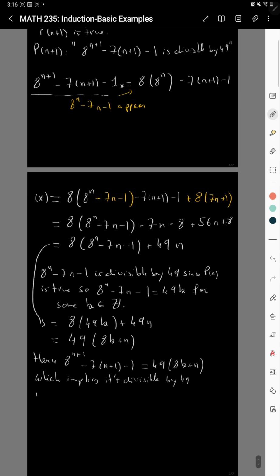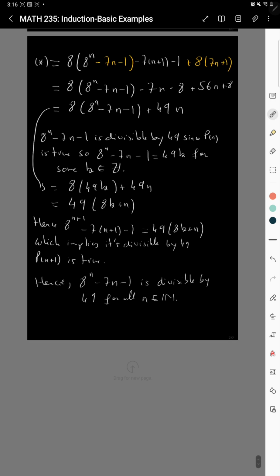Which hence implies that Pn plus 1 is true. Hence, Pn is true for all n in N. Hence, 8 to the n minus 7n minus 1 is divisible by 49 for all n in N by induction.